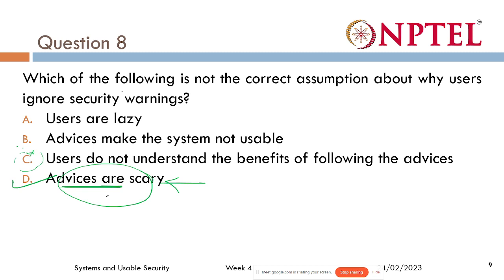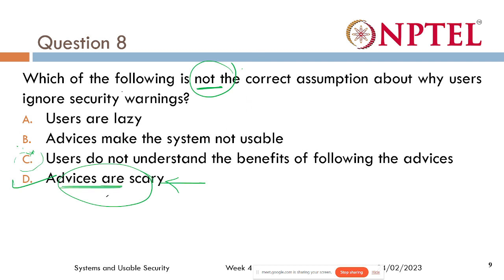They do not understand the benefits. No, I think we are saying "not the correct assumption," right? Okay, not the correct assumption. Is it A which we have to go with?